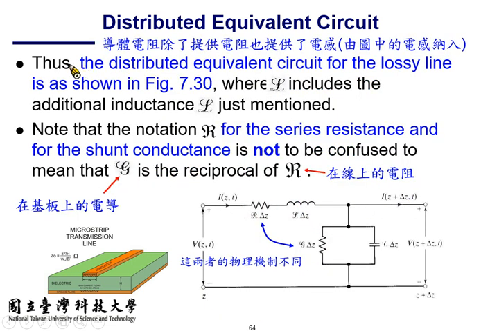The distributed equivalent circuit for the lossy transmission line is shown in this figure, where L includes the additional inductance just mentioned. That means you have additional factors contributing to the inductance and capacitance in the transmission line model.